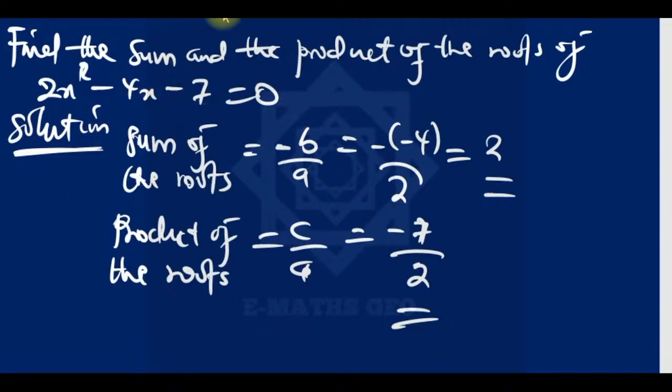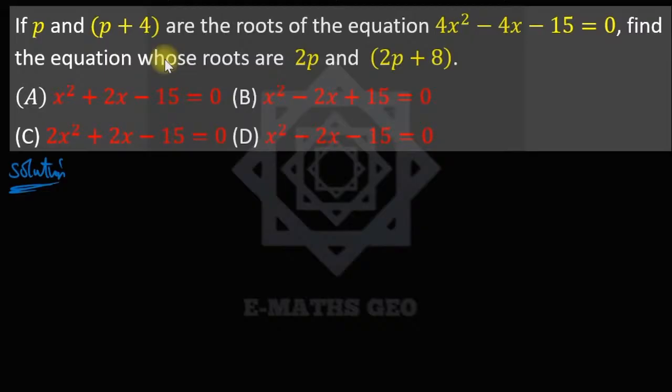We are told that if p and p plus 4 are the roots of this quadratic equation, find the equation whose roots are 2p and 2p plus 8.